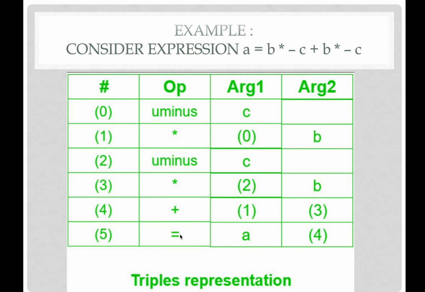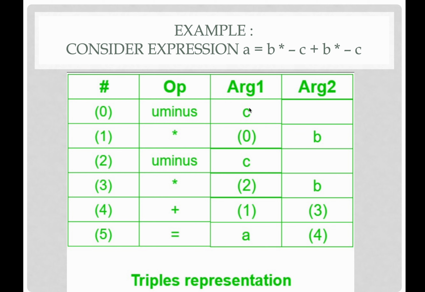Let's look into the example of the triples representation of the three address code. Here the three address code of any expression will be the same, but the representation differs in these three different ways, and I'm considering the same example, so the three address code will also be the same. In triple representation we will have only three different elements: operator, argument 1, argument 2.